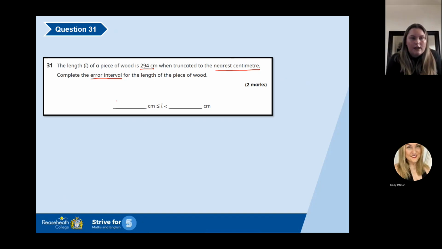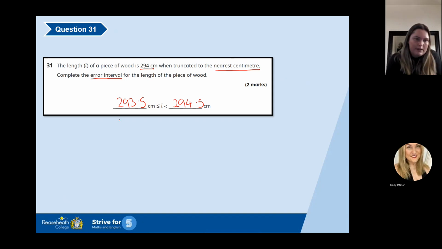So you could either write this as 293.5 because that would round up to 294, and then 294.5 because it's less than, and then that's less than or equal to.